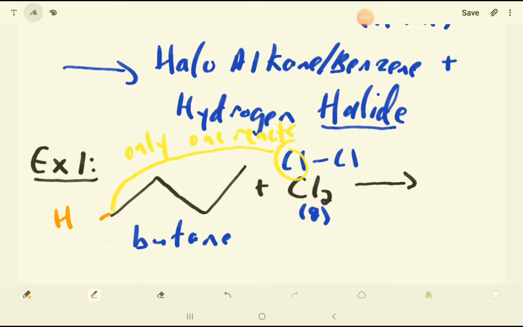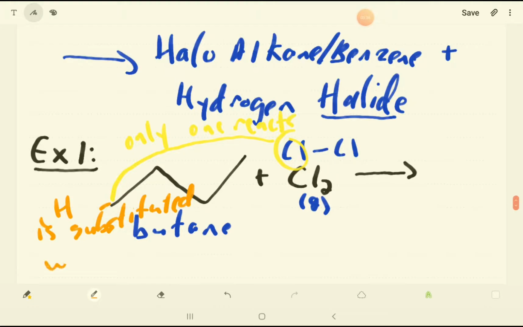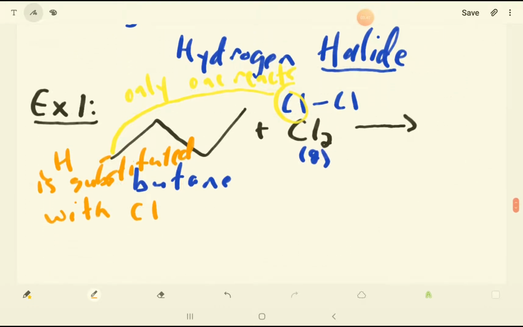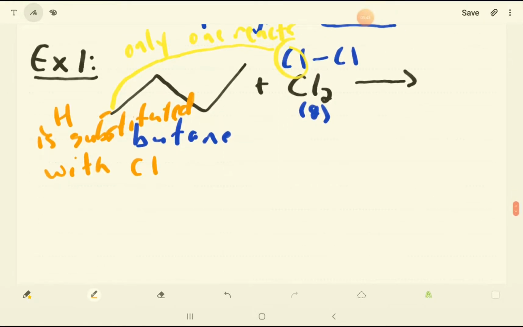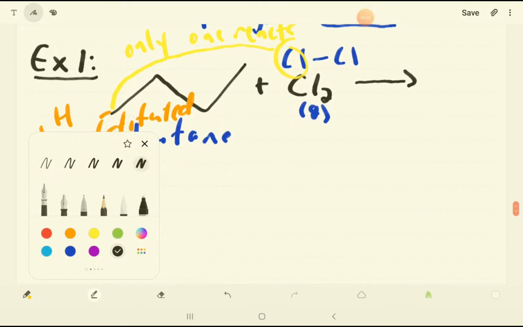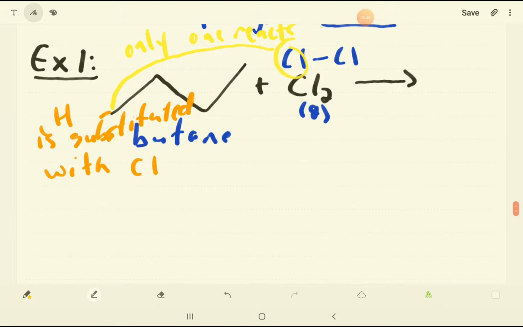a H is substituted. That's why we call it substitution, because it's substituted with your chlorine. And so on the other side of the molecule, we end up with, as our general form suggests, a haloalkane plus what is the hydrogen halide going to be?